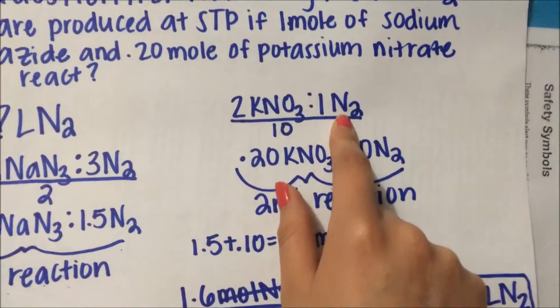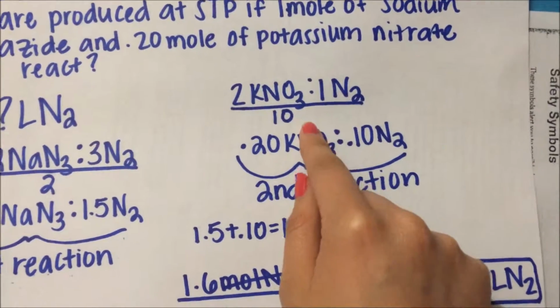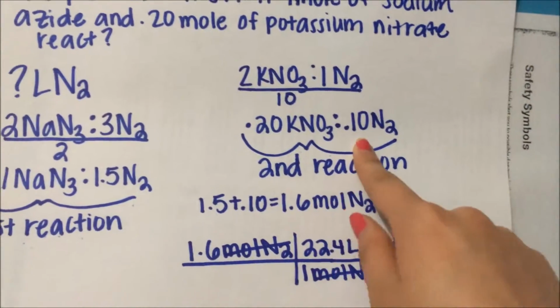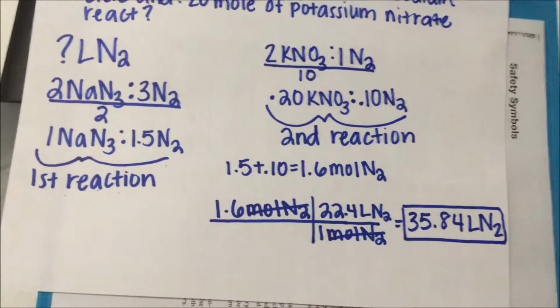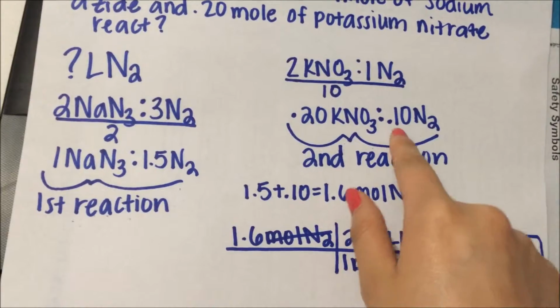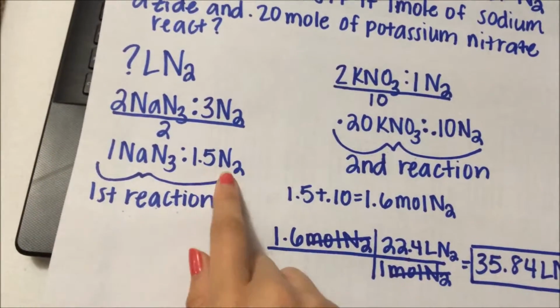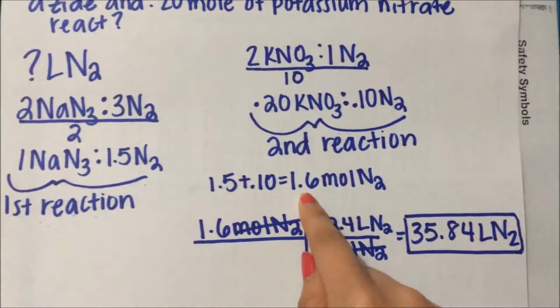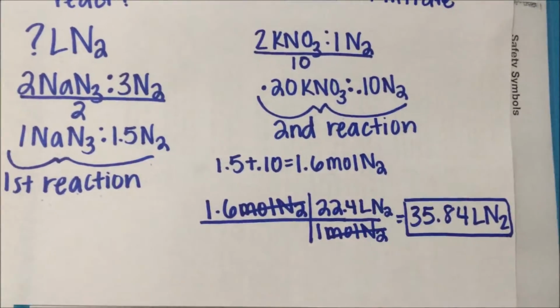And we also divide nitrogen gas by 10, and that gives us 0.10 moles of nitrogen gas. And we add those together, we get 0.10 and then 1.5 of nitrogen gas. We add them together and we get 1.6 moles of nitrogen gas.